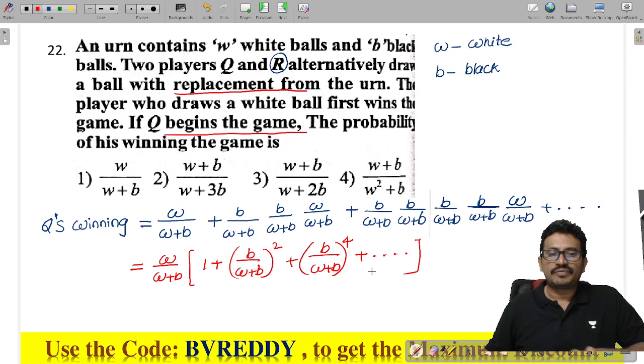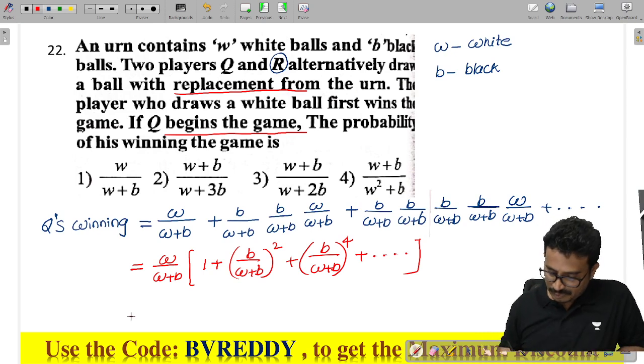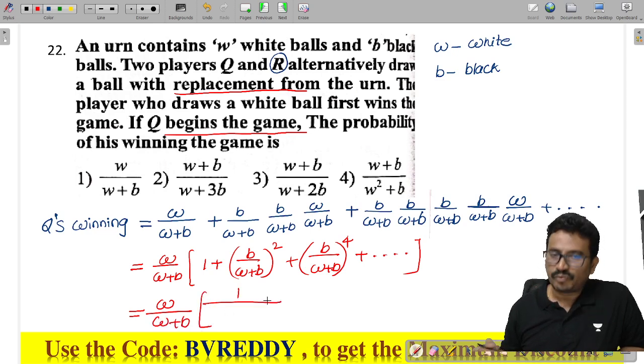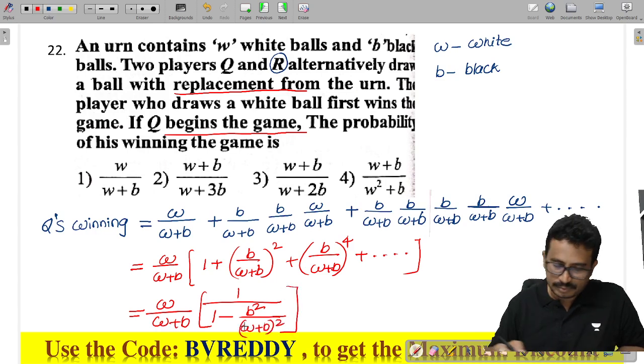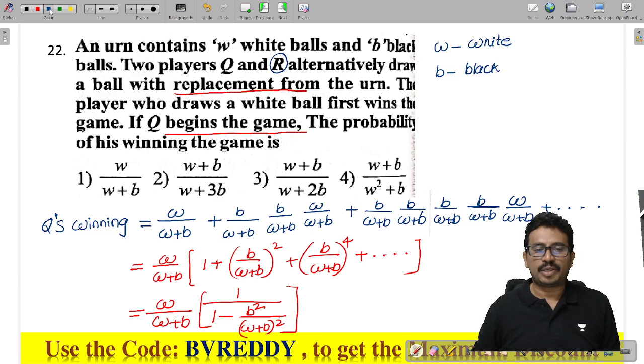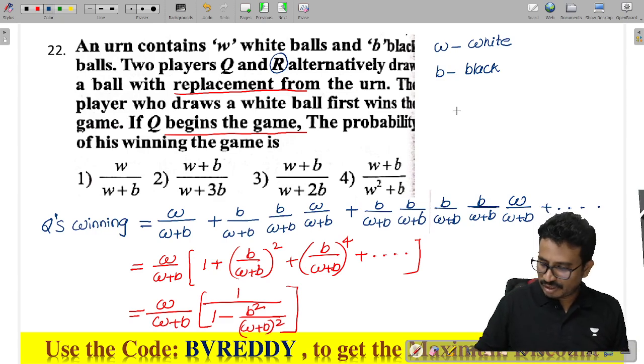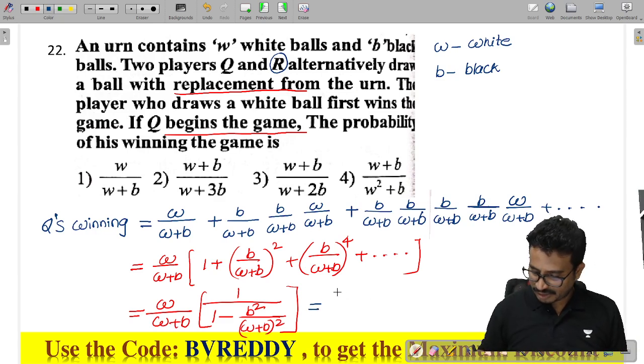Now you can see it is an infinite geometric series, which is W by W plus B into A by 1 minus R. R is how much, tell me now? B squared by W plus B whole square. So finally, do simplify, what will you get as the answer? W by W plus B.